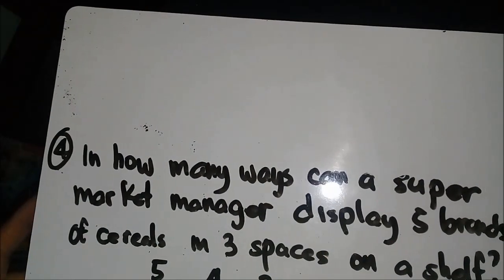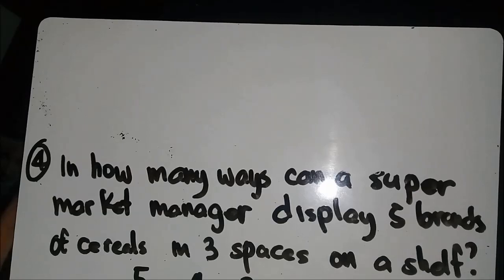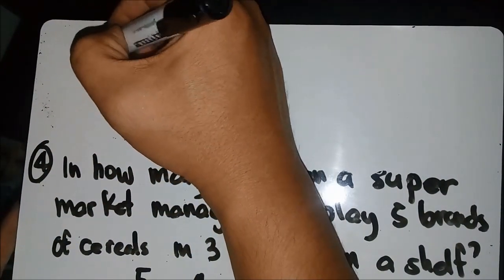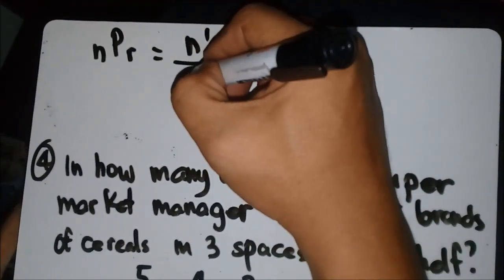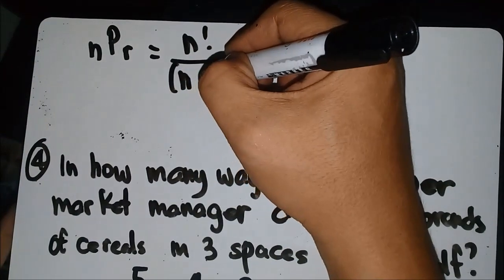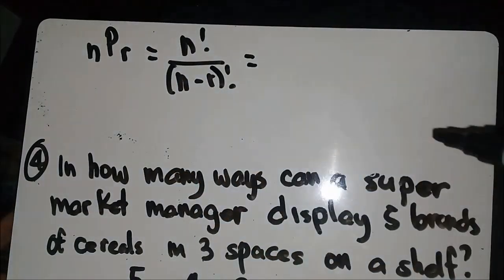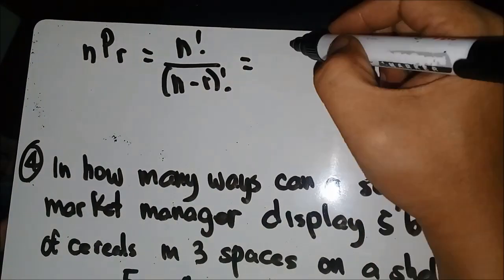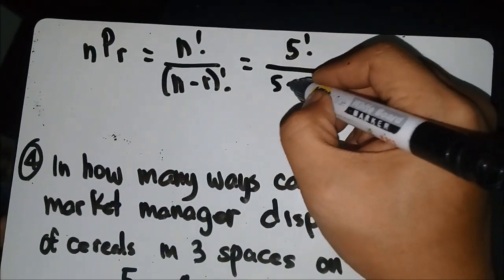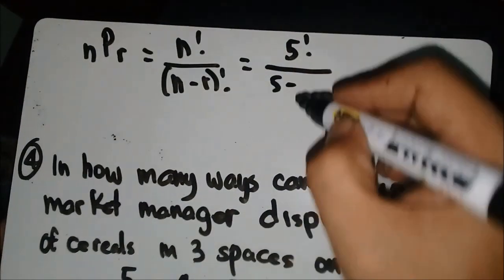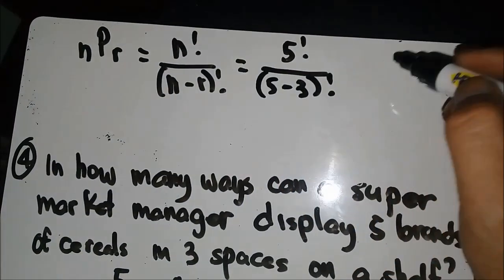In how many ways can a supermarket manager display the cereals? Let's try the factorial notation. The formula for n number of things taken r at a time is equal to n factorial over the quantity n minus r, factorial. So if we have 5 brands, we have 5 factorial over 5 minus 3 quantity factorial.